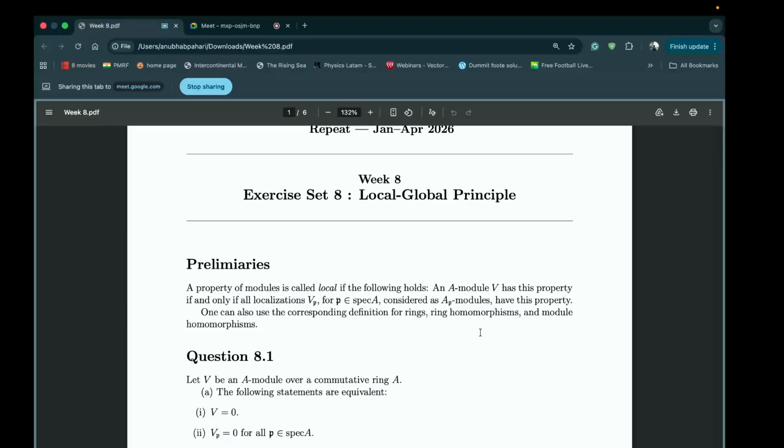A property of modules is called local if the following holds. A module V has this property, it is called local, if and only if all the localizations Vp, where P is your prime ideal, that is P belongs to spec A, considered as Ap modules have this property.